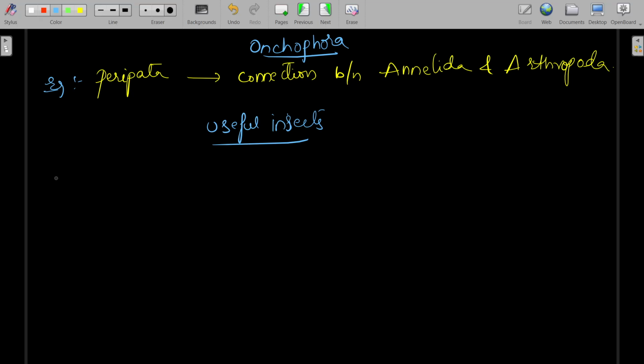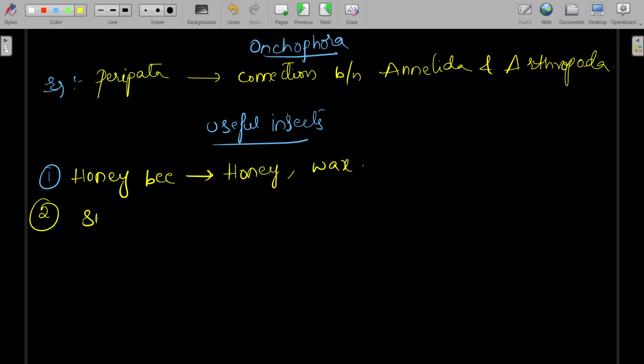Now we are discussing the useful or advantageous or disadvantageous insects or creatures present in the Arthropoda. Okay. So useful insects are, first one is honeybee. We get honey and wax.